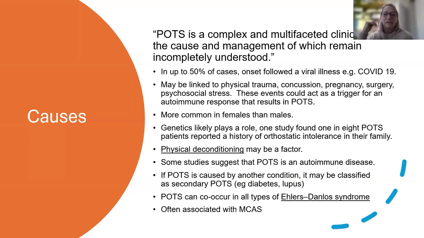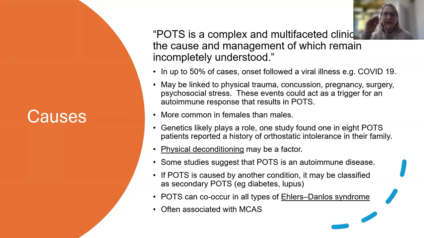It may be linked to physical trauma or concussion, even pregnancy, surgery, ongoing psychosocial stress. And it's thought that these events might trigger an autoimmune response, which can cause it. It's more common in females. There seems to be a genetic link.